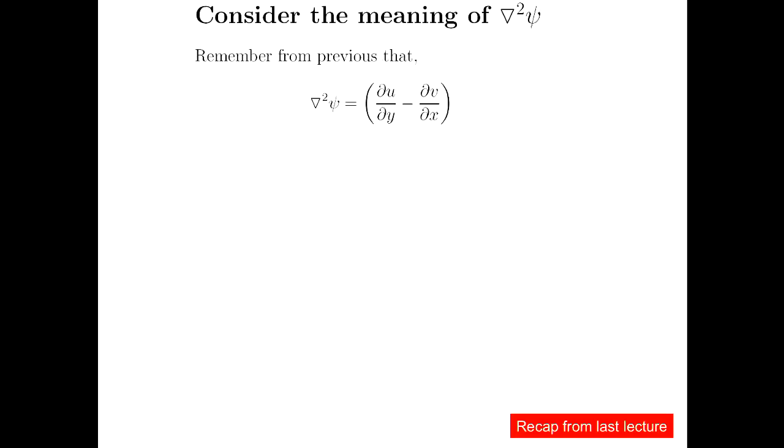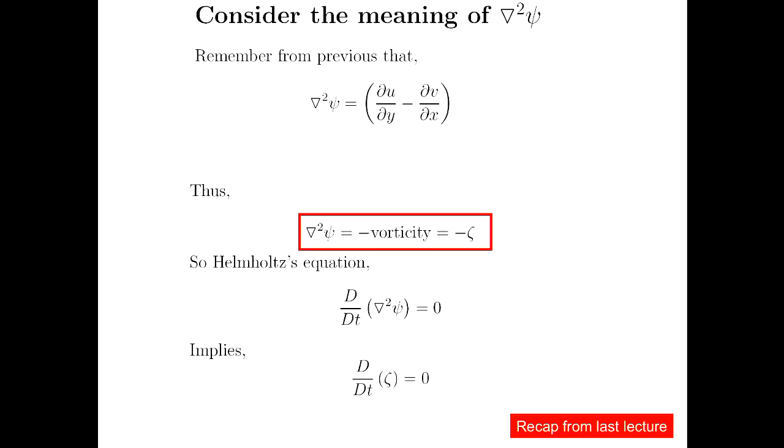So what's the physical meaning of the Laplacian of psi? We showed in the previous lecture that it's equal to the negative of vorticity. So to satisfy the Helmholtz equation, the Laplacian of psi can be equal to a constant or 0.